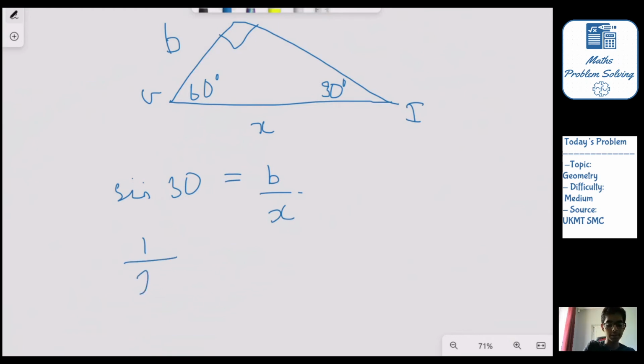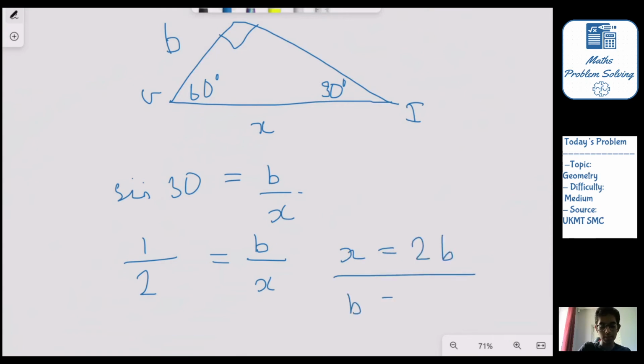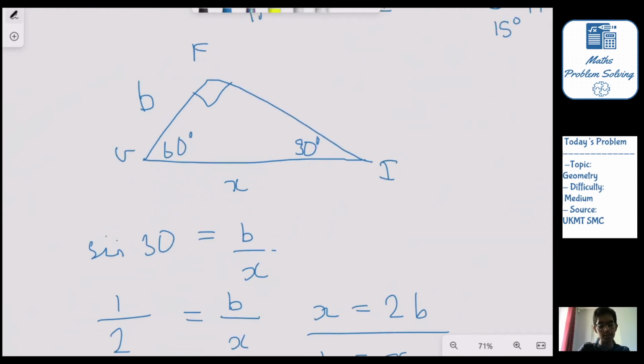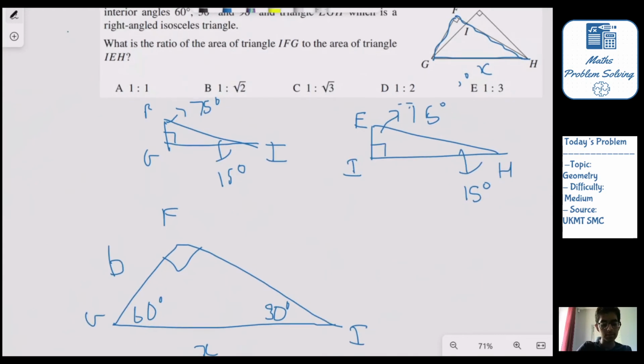We know that sine 30 is a half, therefore the ratio of b to x is just a half. So if we rearrange, x equals 2b. Therefore, b equals x divided by 2. And if we go back to our diagram, FG was b, okay? So now, let's go back to our original diagrams.